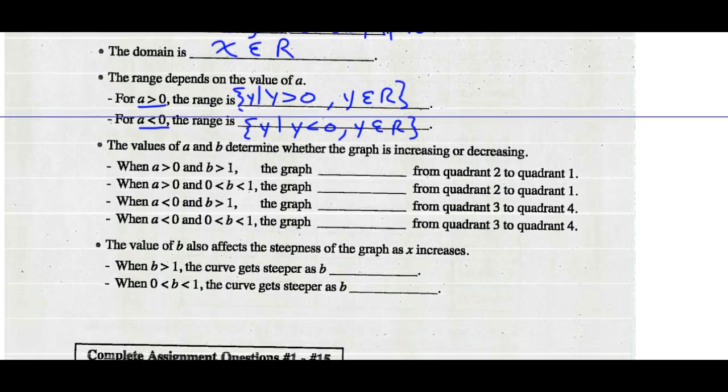The values of a and b determine whether the graph is increasing or decreasing. When a is positive, greater than 0, and b is greater than 1, this graph should increase from quadrant 2 to 1. When a is positive and b is between 0 and 1, the graph will decrease from quadrant 2 to quadrant 1.